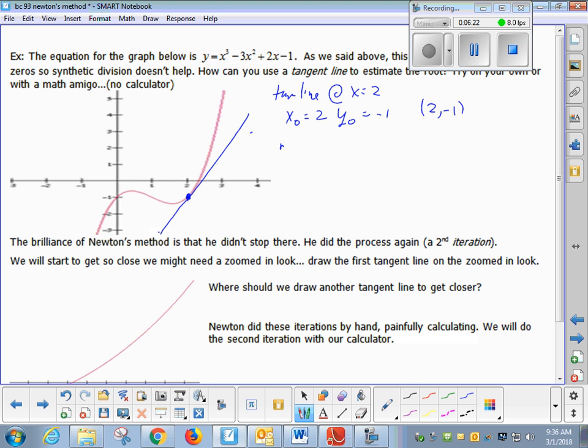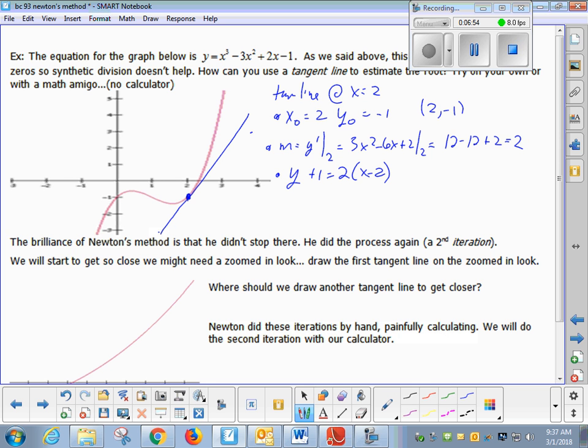The slope is y prime at 2, 3x squared minus 6x plus 2 at 2. The slope is 12 minus 12 plus 2, or 2. So our tangent line is y plus 1 equals 2 times the quantity x minus 2.